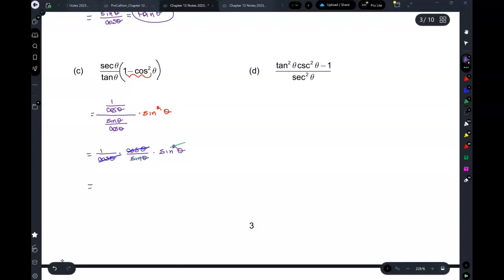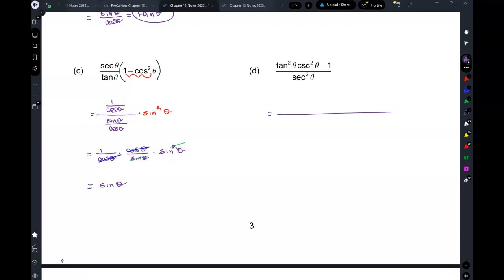So what do I have left? Oh my God. Would you ever have imagined all this is just equal to sine of theta? How cool is this? We're going to be positive. Okay, let's do this next one.